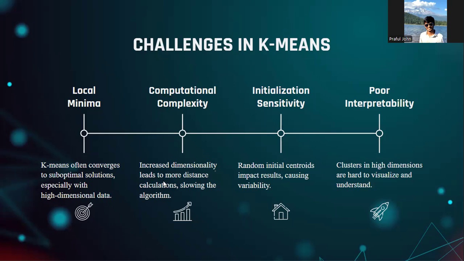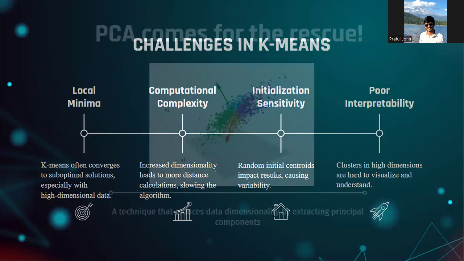Increased dimensionality leads to more distance calculations, hence slowing the algorithm. Then initialization sensitivity, that is, random centroid initialization affects the result highly. And then we have poor interpretability because we cannot visualize high dimensional data sets.